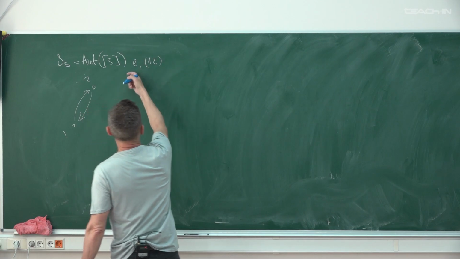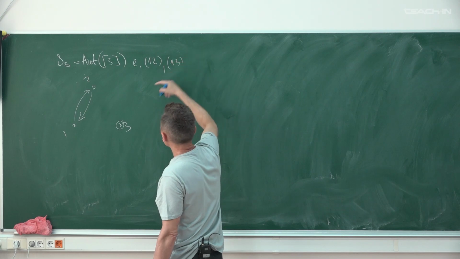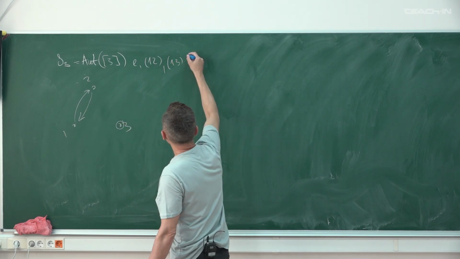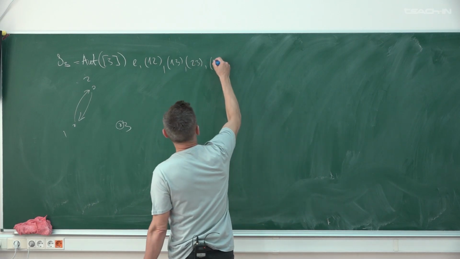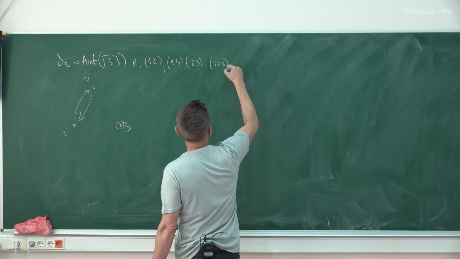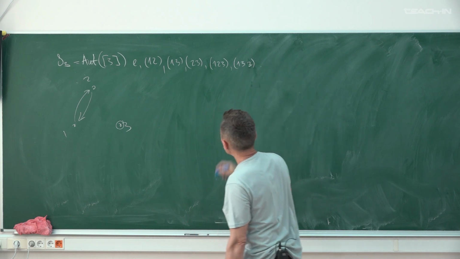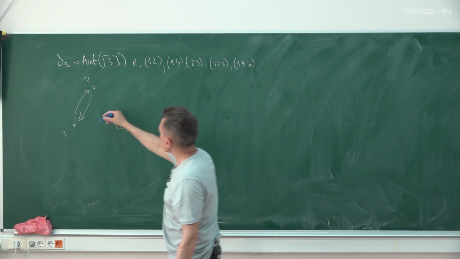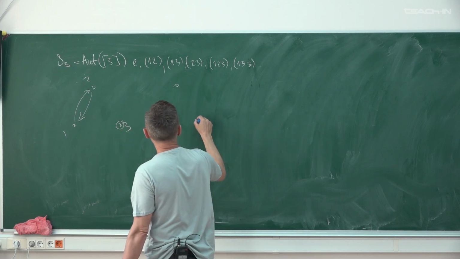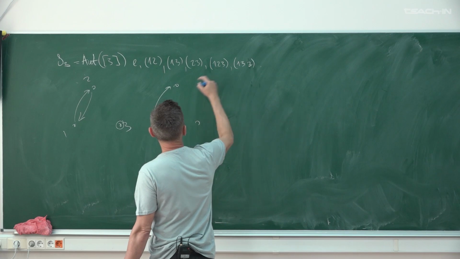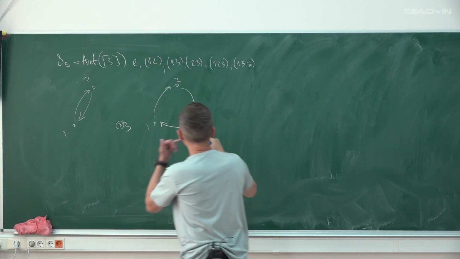First of all, we obviously have the unity element, the transposition (1 3), the transposition (2 3), and 2 cycles, (1 2 3) and (1 3 2). It means that 1 goes to 2, 2 goes to 3, and 3 goes to 1.